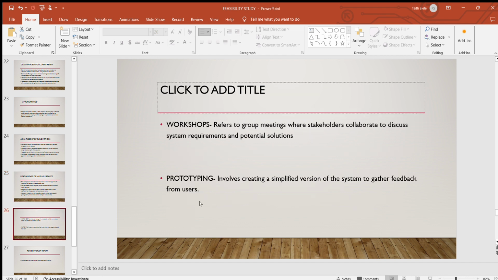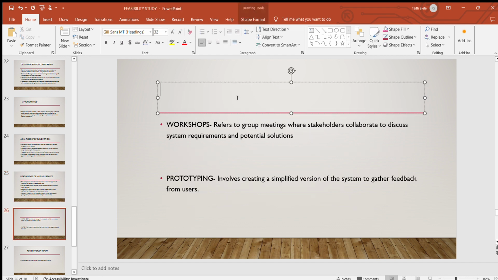So another method of data collection. We have workshops, the use of workshops.